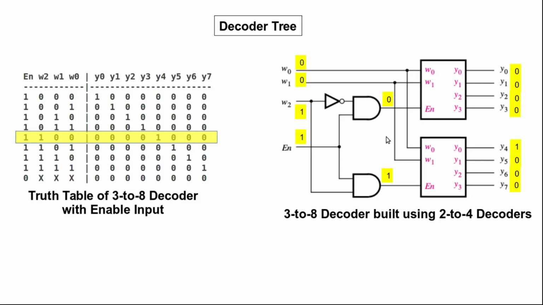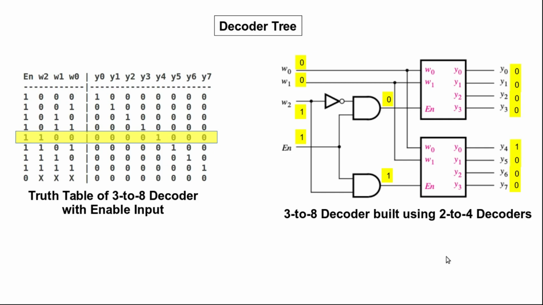So that's all I have in today's class. I would like to ask you to build the truth table, build a logic circuit of a 4 to 16 decoder, and also try to build the same 4 to 16 decoder using 3 to 8 decoders, and also by using 2 to 4 decoders.